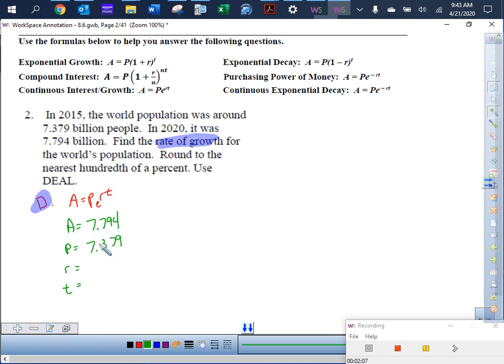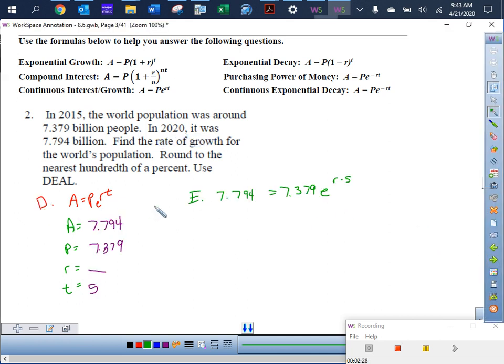And yes, they are in billions, but we'll use these numbers. The rate we don't know, so we'll just put a blank there. And the time, since it went from 2015 to 2020, is 5 years. So this is really worth the most amount of points in these problems, all of the defining, the D step. E, then let's substitute all this stuff into this equation.